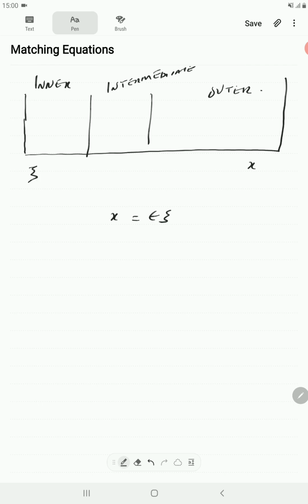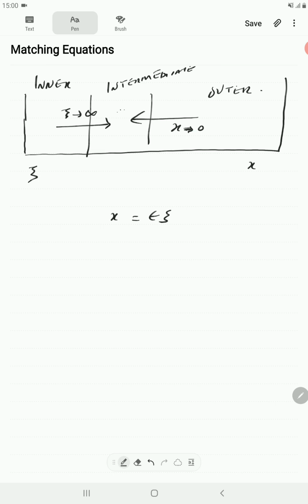So the equations are derived from the fact that in this intermediate region here, the two solutions must match. So that means if you take the inner solution and take the limit as xi goes to infinity, this must be equal to the outer solution in the limit x goes to 0.